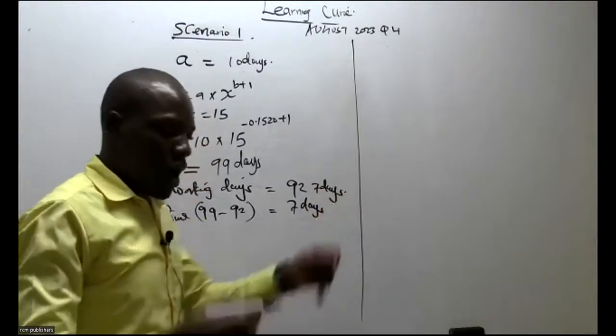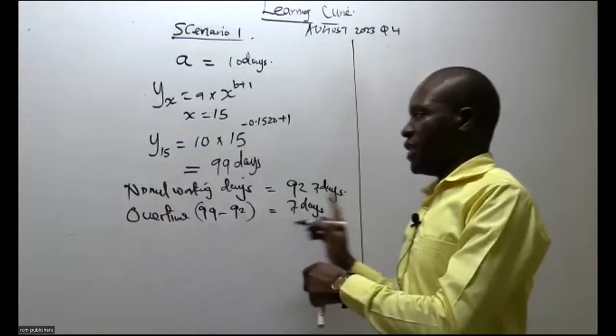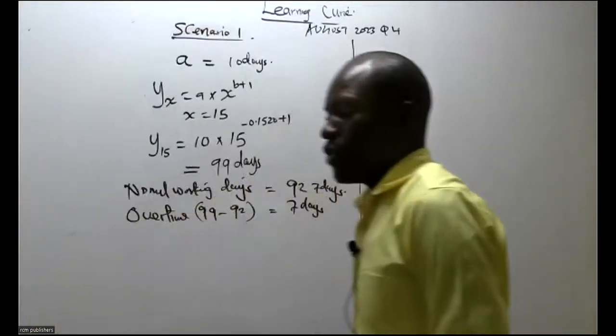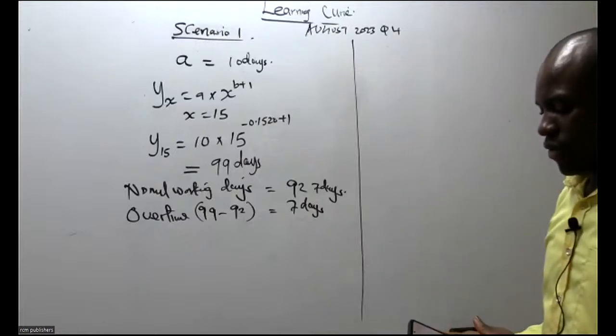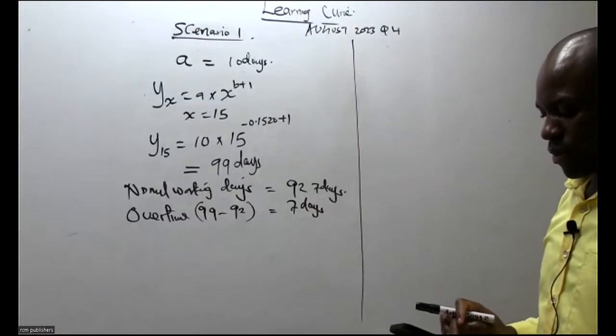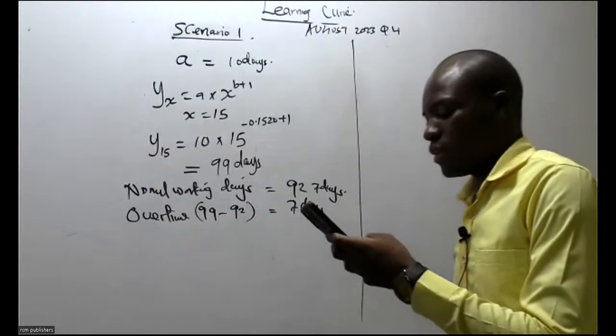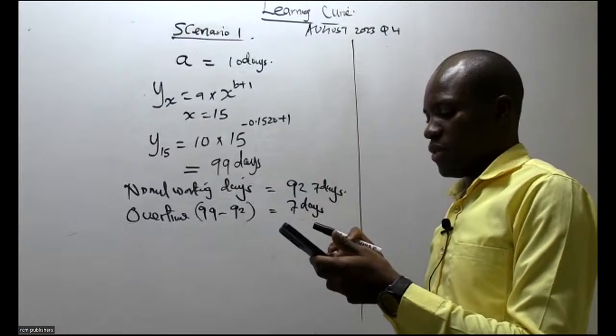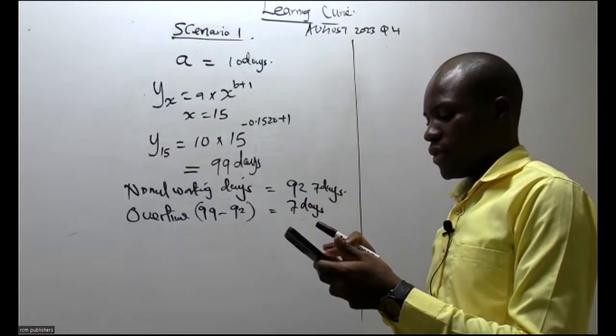They have decided to work overtime for them to deliver these buses. So let's look at the consequences of working overtime. One, let me get my question here very first.